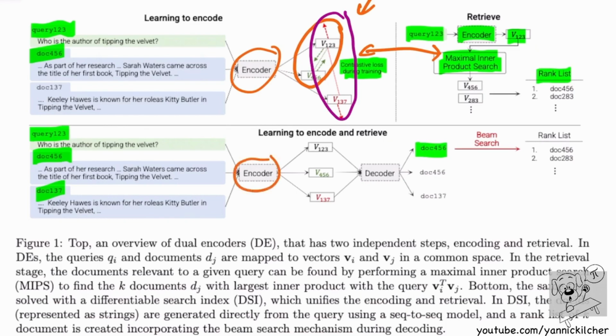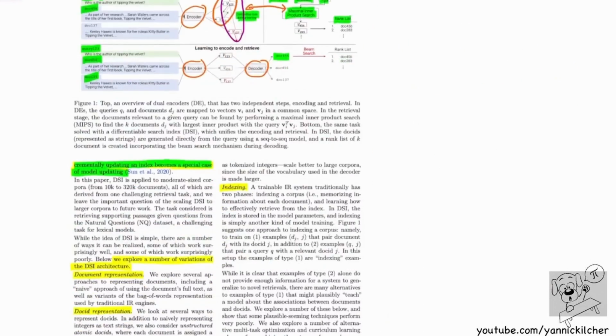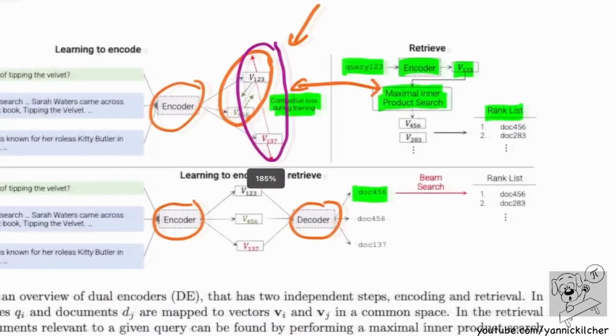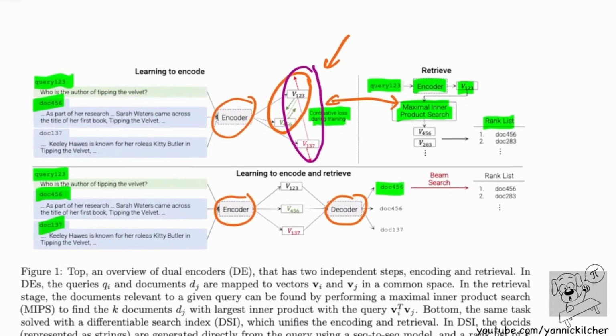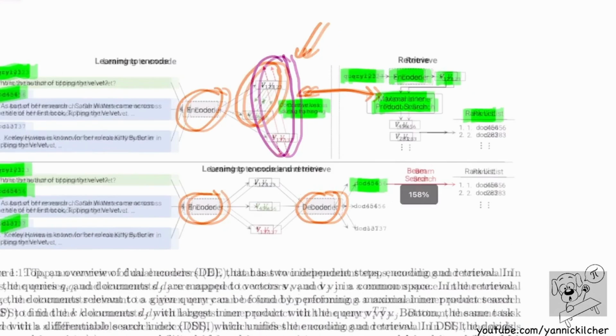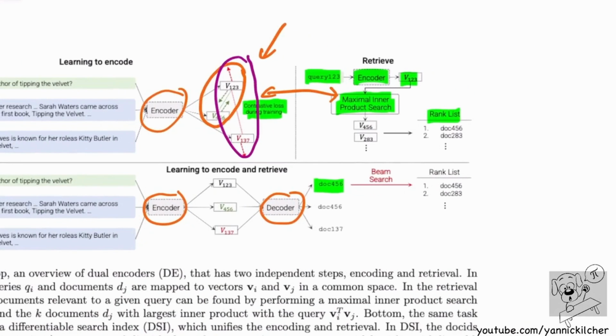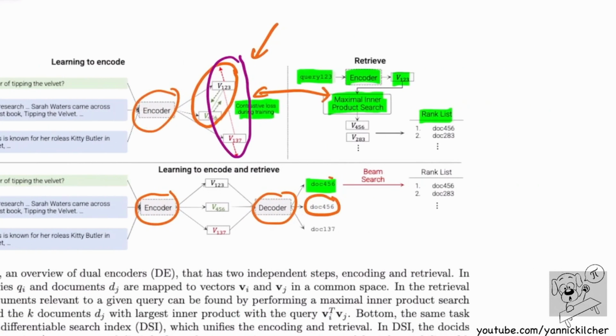So this is an encoder-decoder setup. In fact, they use, I believe, a T5 setup, if I'm not mistaken. So it's a sequence-to-sequence task. They feed in the queries and the documents, and they always output the document ID. So if they feed a document, they just output the ID of the document they fed in. And if they feed a query, they output the ID of the document that the query would hit.